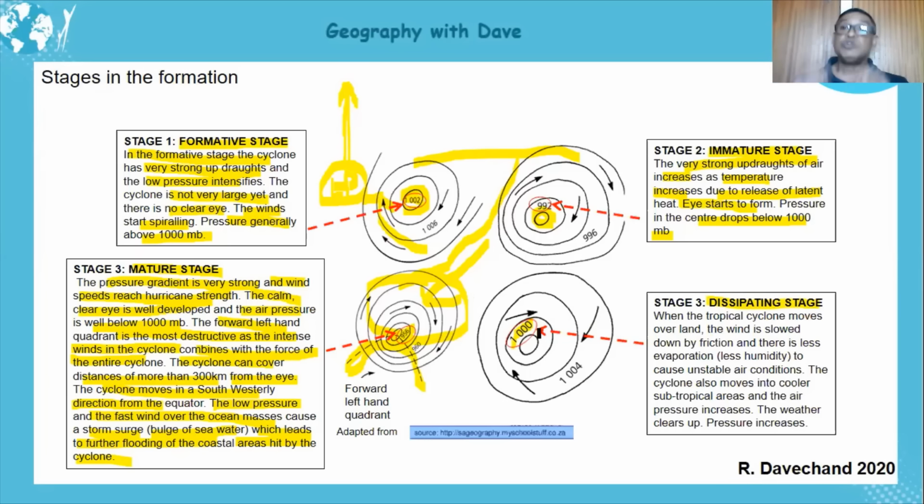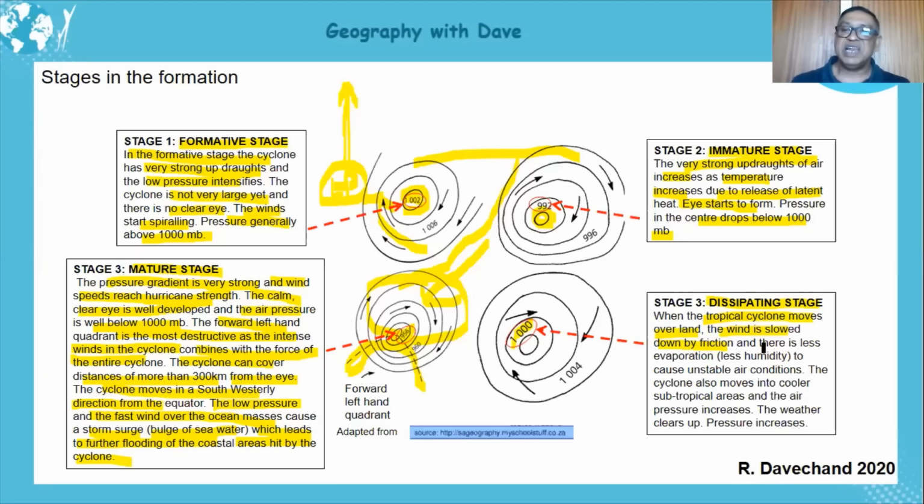So here now, when the tropical cyclone moves over land, the wind is slowed down due to friction. It's a land surface and the wind is no more over the ocean. There's friction and the speed of the cyclone is slowed.